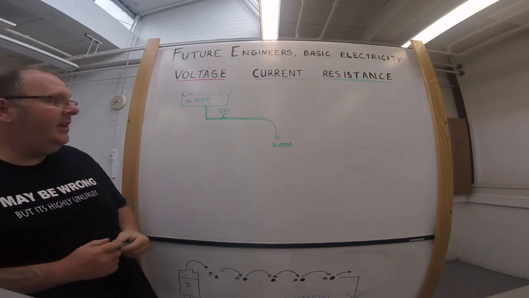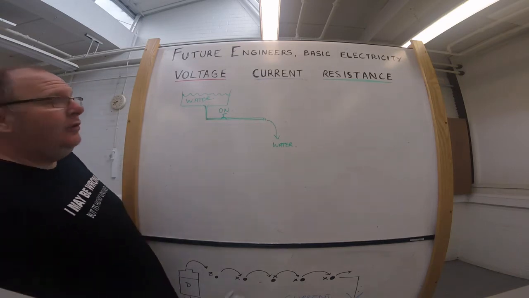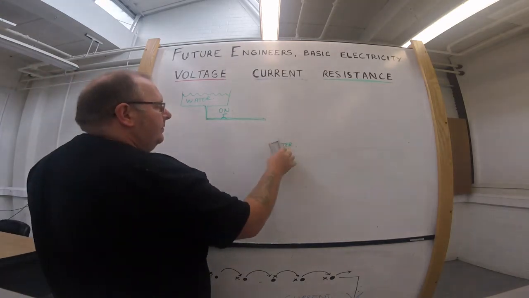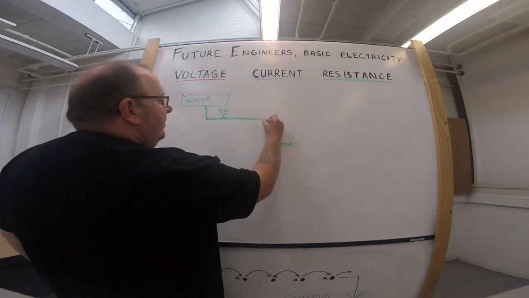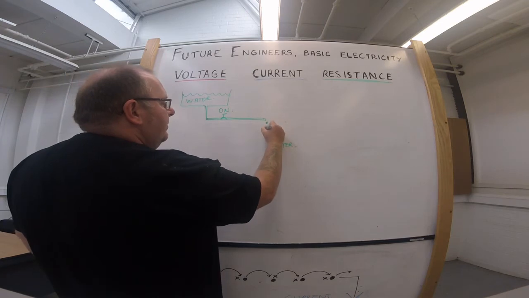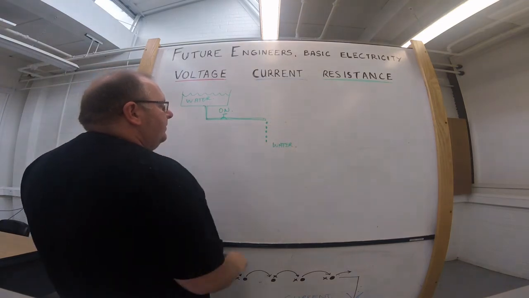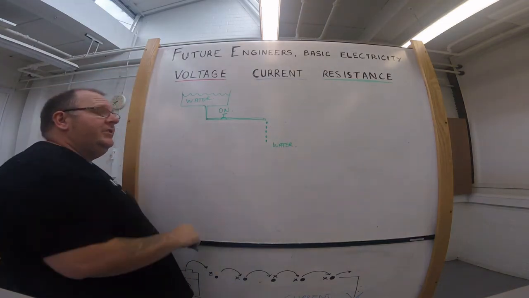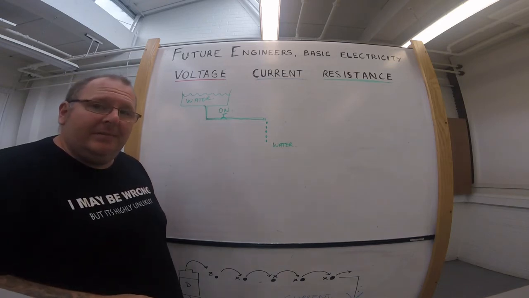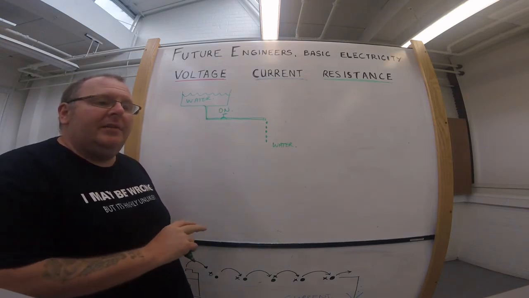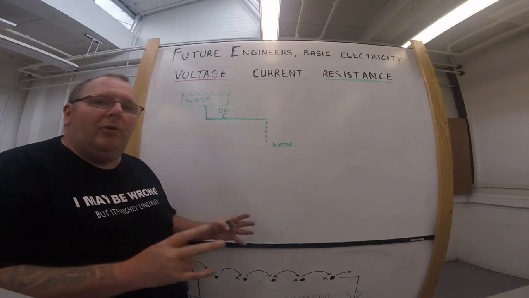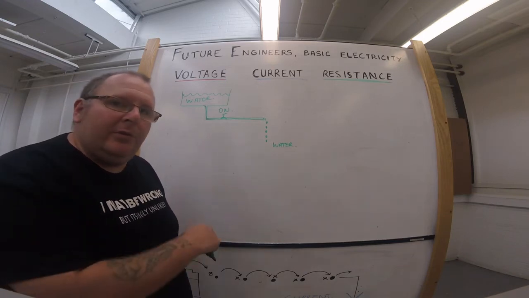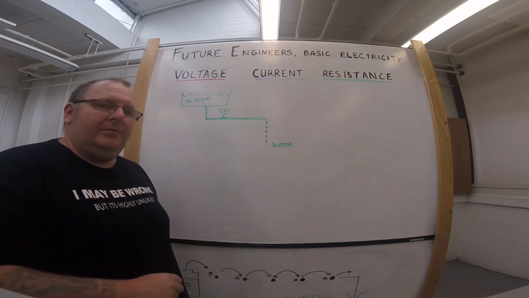No. What you're going to get, instead of a flow, is just drips. Essentially, this is what resistance is. If you think about it as being how able current is to flow through a material.